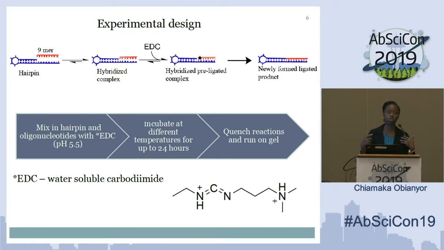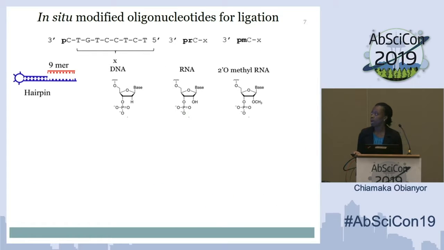In this case, we're using EDC, a water-soluble carbodiimide, as a condensing agent. After activation, we incubate it for a period of time at different temperatures, and we form our ligated products. We typically run our reactions on a gel because our hairpin is FAM-labeled, and so that allows us to see our products.